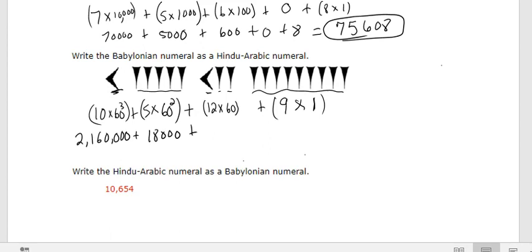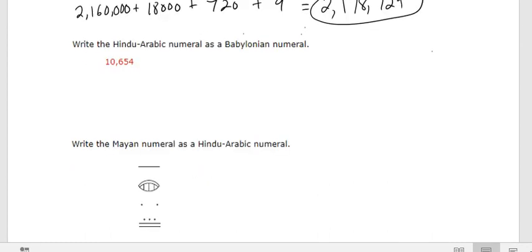And 60 times 12 is going to be 720 plus 9. So if we put all this together, we end up with 2,178,729.